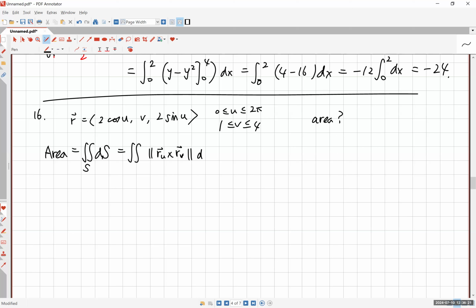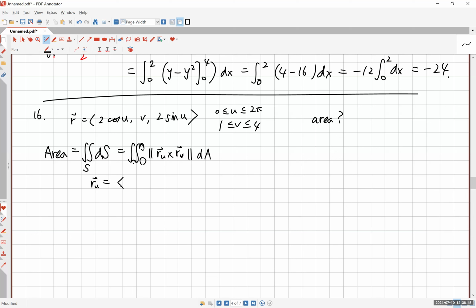And then you do dA, where A has to do with U and V, right? So you would have to enter the bounds for the double integral as you proceed. But let's find R_U and R_V and the magnitude of its cross product.